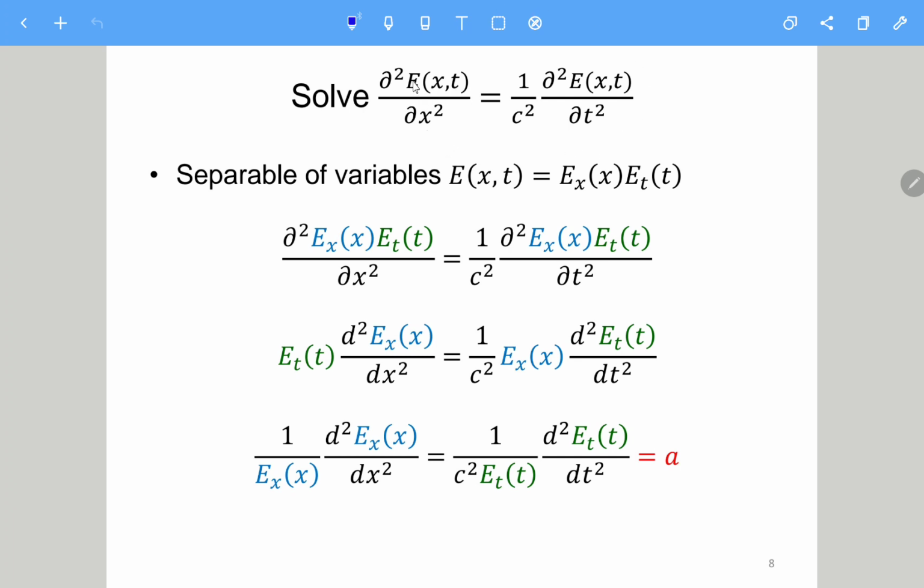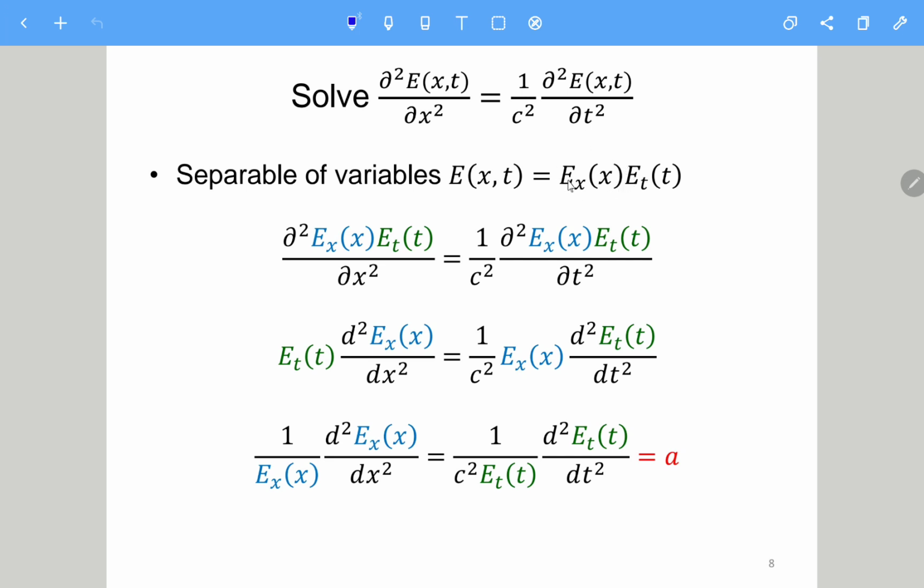So of course here the E field is a function of x and time, x and t, which means the position and also the time. The point of separation of variables is that if a function consists of multiple variables, then you assume that this function can be separated into two functions multiplied together.